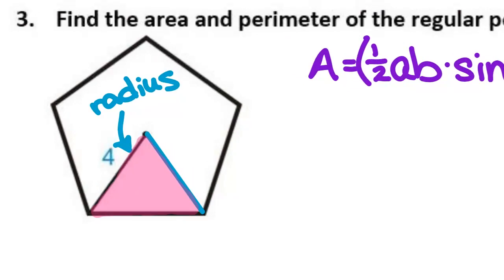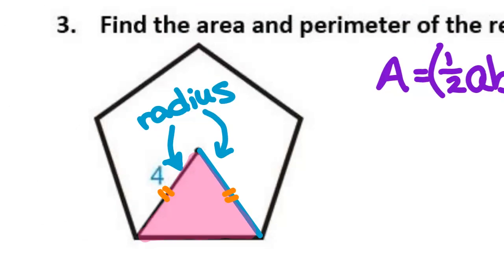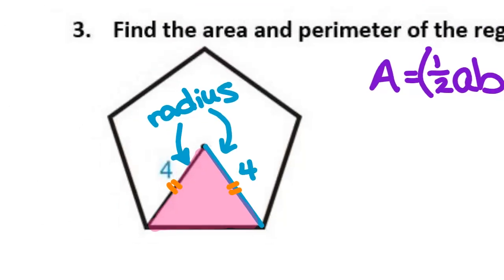What do you know about the radii of a circle? It's half the diameter. If I draw in 2 radii in the circle, will they be different sizes? No. They're congruent. What do you think is true about these 2 radii? They are also congruent. So if the one radius is 4, this other radius over here is also 4.